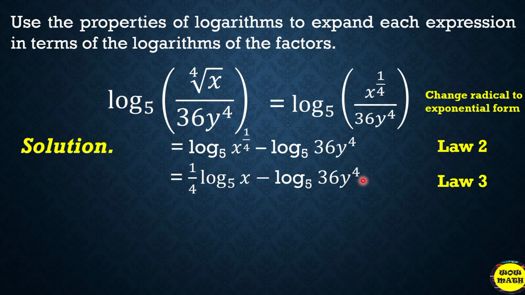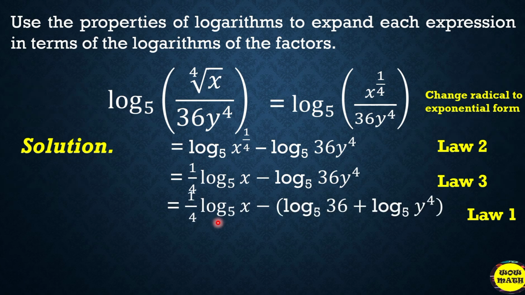Okay, so ito ay product. So, hindi natin siya pwedeng isabay na ilagay natin yung 4 dito. Okay, so kailangan muna natin expand yung expression na to. So, after that, using law number 1 or the logarithm of a product, so expand natin yung 36 and y to the fourth power.